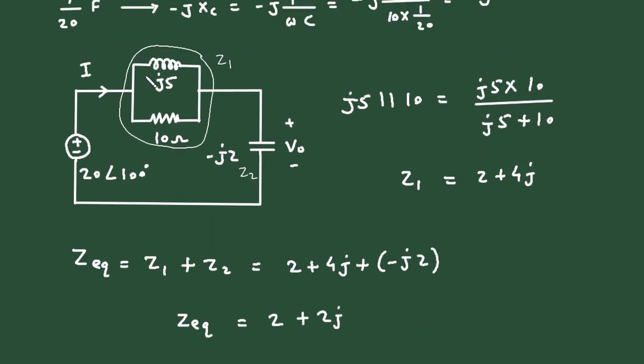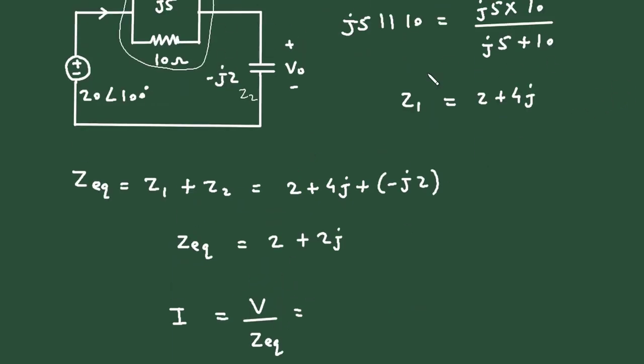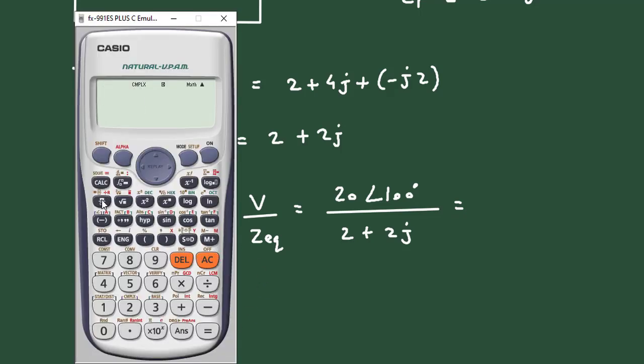Now we can easily find the value of total current I. So total current I is equal to V upon Zeq. The value of voltage is 20 at an angle of 100 degrees, divided by Zeq, which is 2 plus 2j. So let's solve this in the calculator directly. So 20 at an angle of 100 divided by 2 plus 2i.